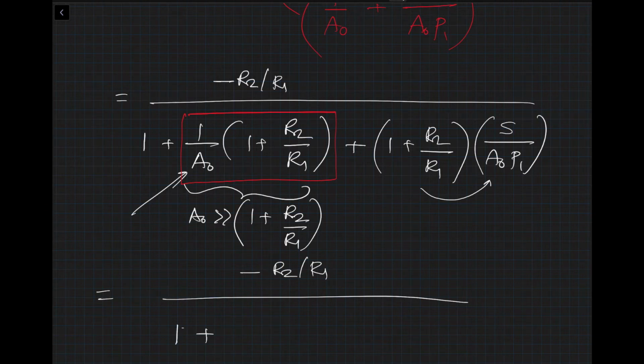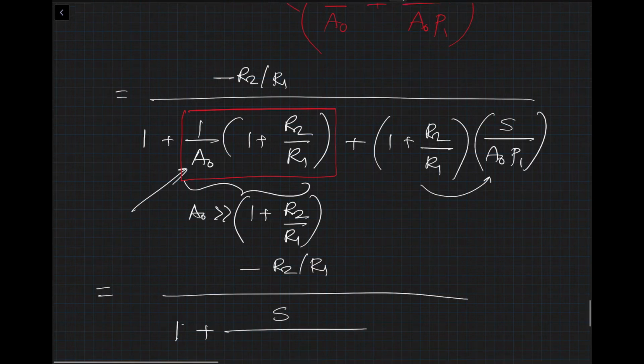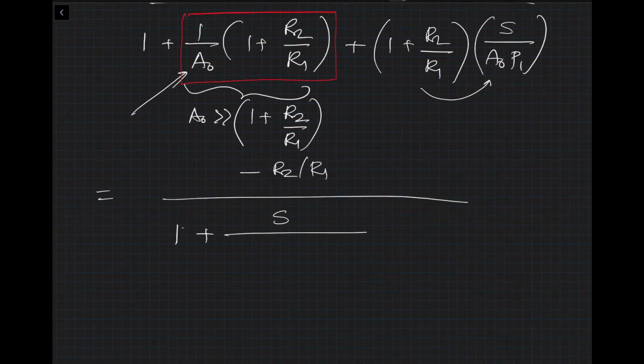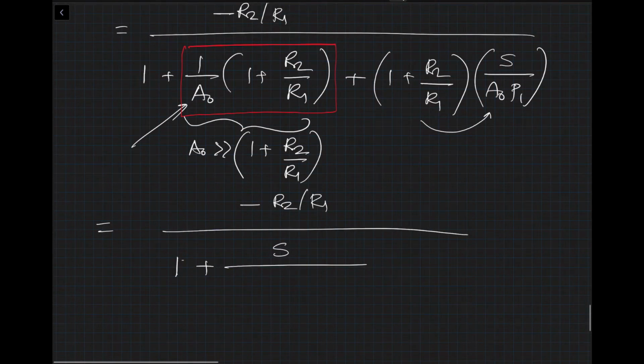And you will get 1 plus S, and then we will have A0 P1 divided by 1 plus R2 over R1.